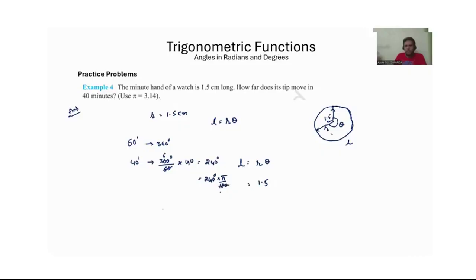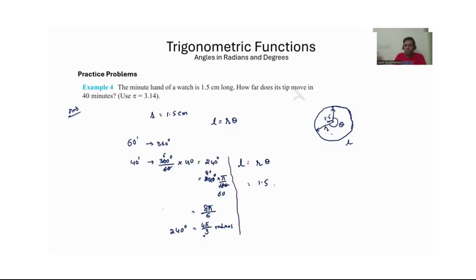So how much is it in radians? 240 by 360 times 2 pi, so we can say 8 pi by 6, or we can say 240 degrees is 4 pi by 3. Now, L equal to R theta, right?